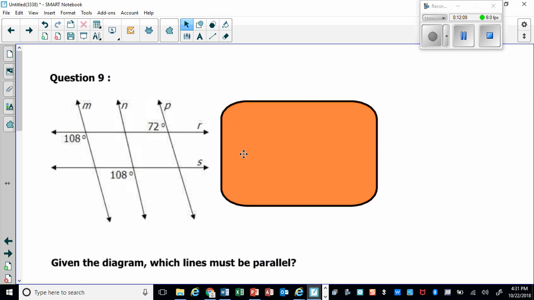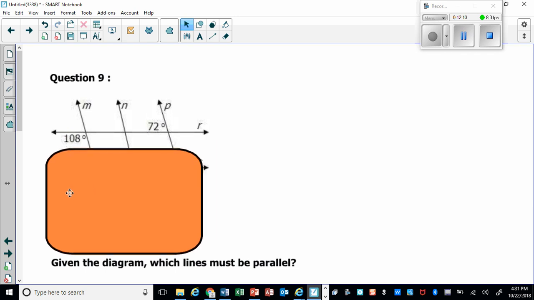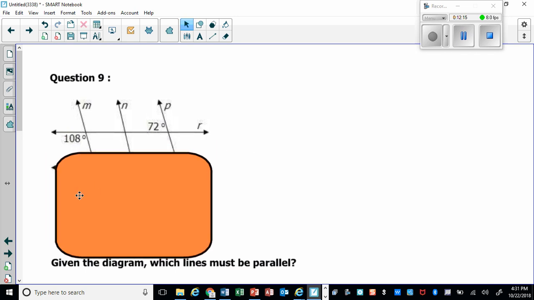So then the next thing you're going to do is, okay, what about, I'm going to cover this up. Do I have enough from this angle here, knowing this angle here, and knowing this, do they have a relationship which makes line M parallel to line P? N and P? N or M?